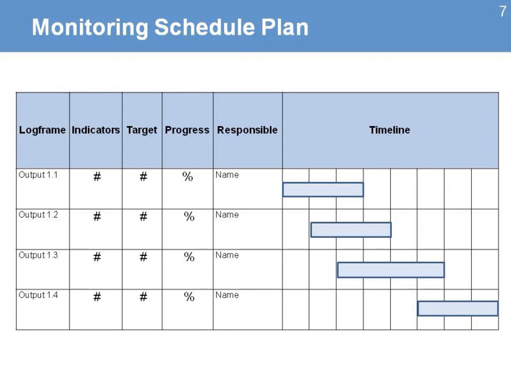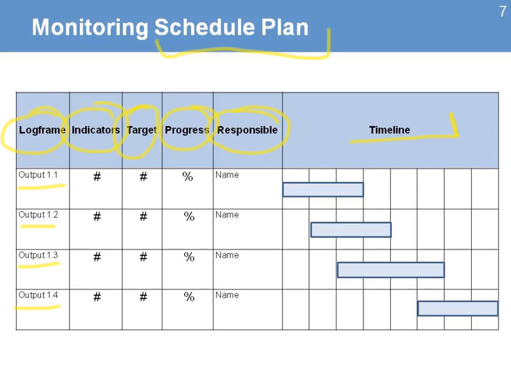When we look at the monitoring, we need to have an understanding and also develop our monitoring schedule plan. That's where we identify all the elements of our log frame in terms of our outputs. Here's an example. We can list our outputs. We can have the indicators, what we're trying to measure, the target, the progress that we're making to date, and the person responsible for informing that.